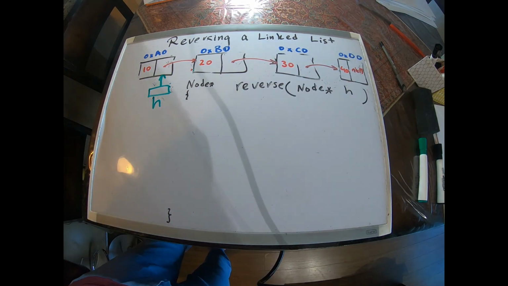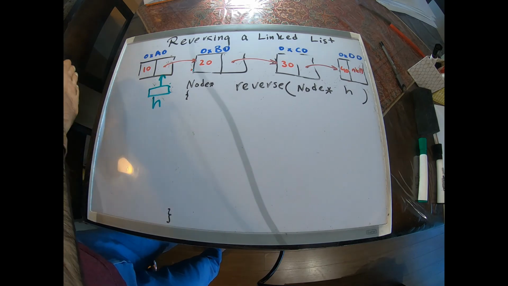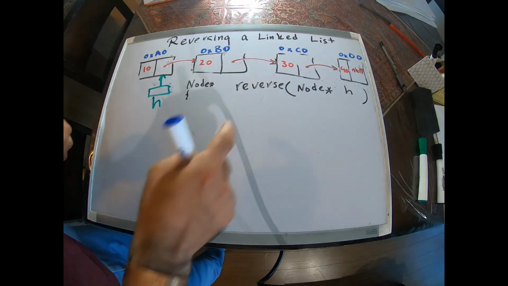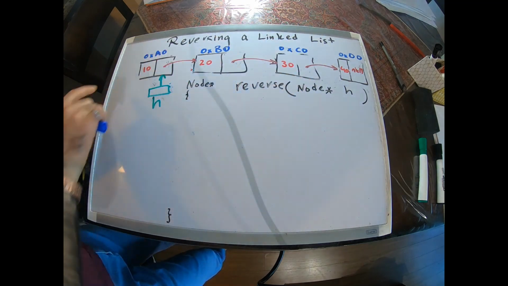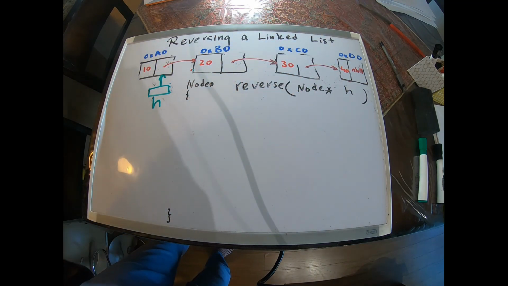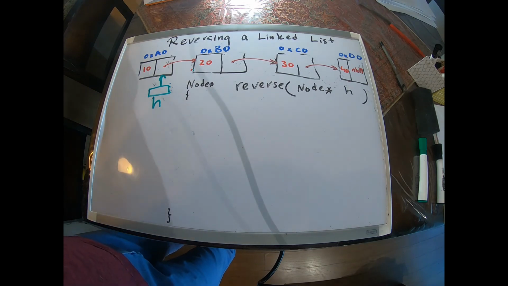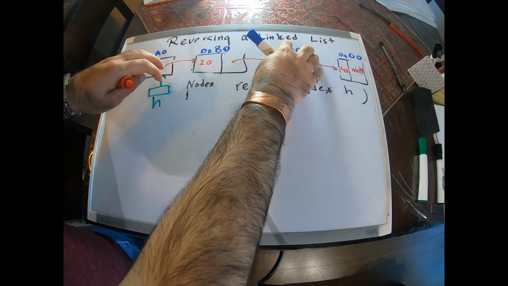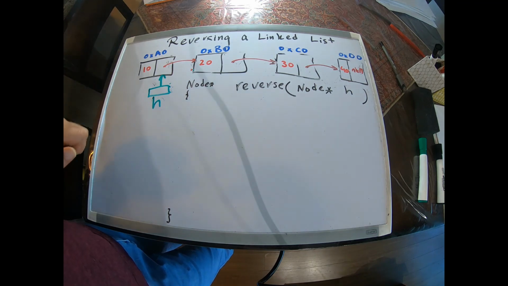So I want to traverse through the linked list all the way to the end, and just reverse these pointers. For doing that, once I traverse, I want to have access to the next node and the previous node.